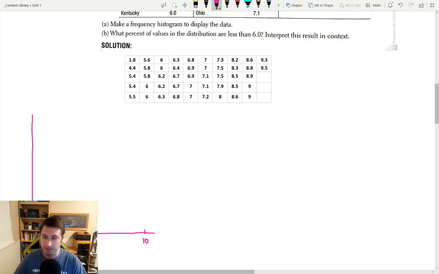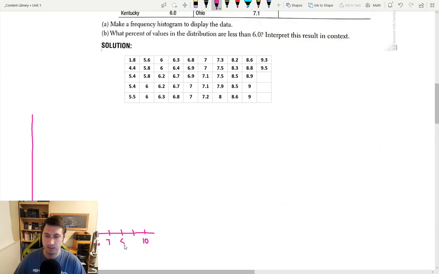Counting by ones is probably the best idea. So 5, 6, 7, 8, 9, 10, and then 1, 2, 3, 4. We are counting by ones, and so my bins, the width of each bar in this histogram, is going to be 1.